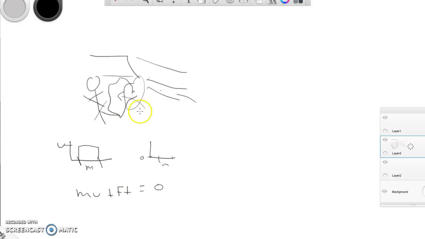Okay, and this value right here is going to be what causes our momentum to go to 0. If the steering wheel was the object that brought them to rest, that would happen really fast because it's a really hard surface. It doesn't give at all. They're going to hit it and they're going to stop immediately. And so they experience a large force over just a really quick time.